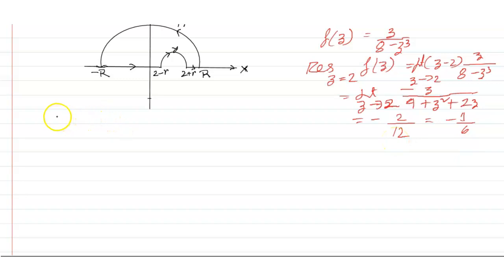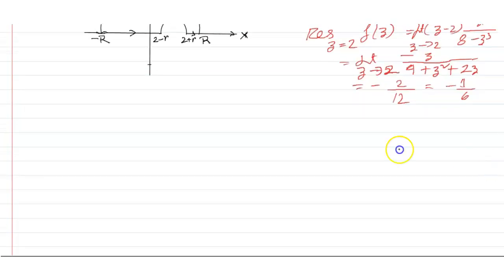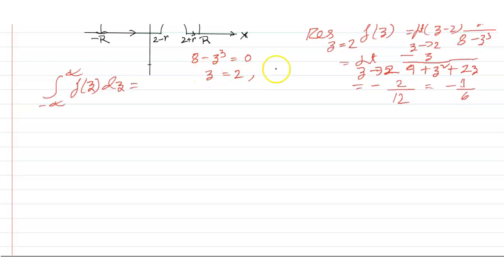And now I have to find out the integral value. The integral value is from minus infinity to infinity of f(z) dz. So I have to find this value. So 8 minus z cube equals to 0. So z equals to 2, and 4 plus z square plus 2z equals to 0.